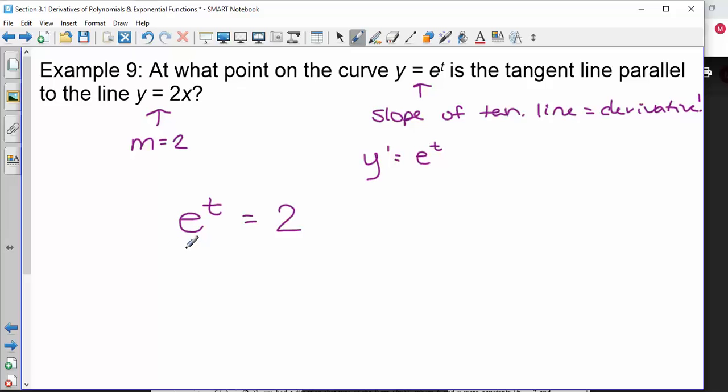Do you remember what we add to this problem to cancel that e? Natural log, yeah. You add an ln to each side. The natural log and the e cancel one another, so you have t equals the natural log of 2.